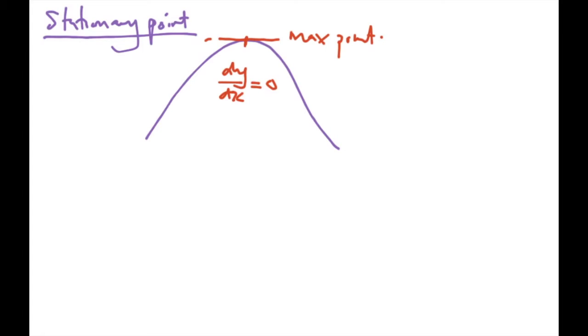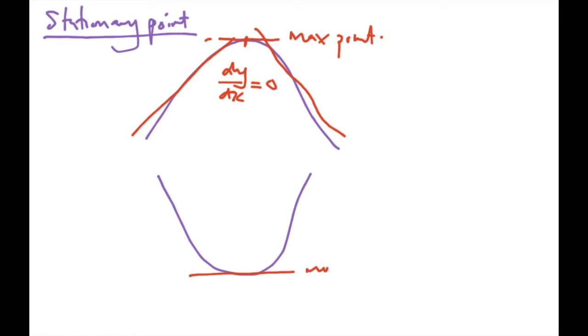On one side you have a gradient which is positive, and on the other side you have a gradient which is negative. Let's have a look at the graph that's concave upward. With concave upward, the lowest point is known as the minimum point.